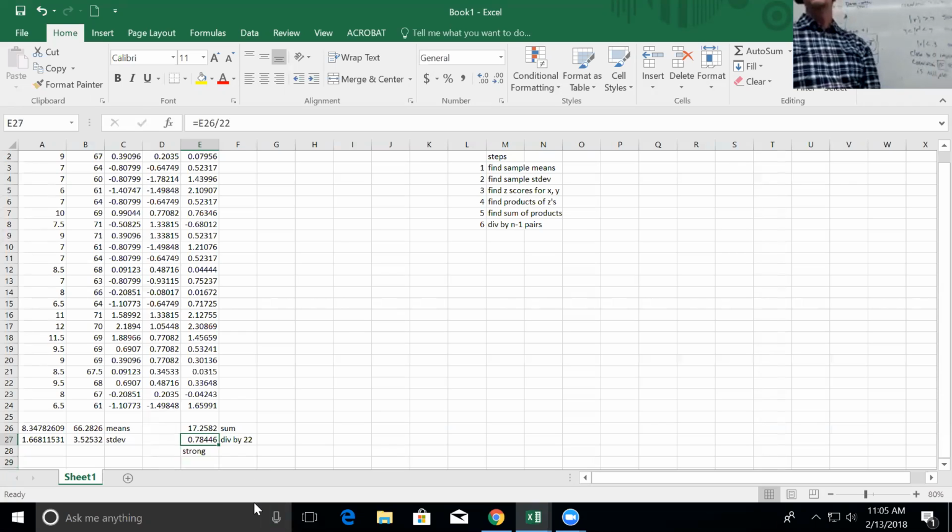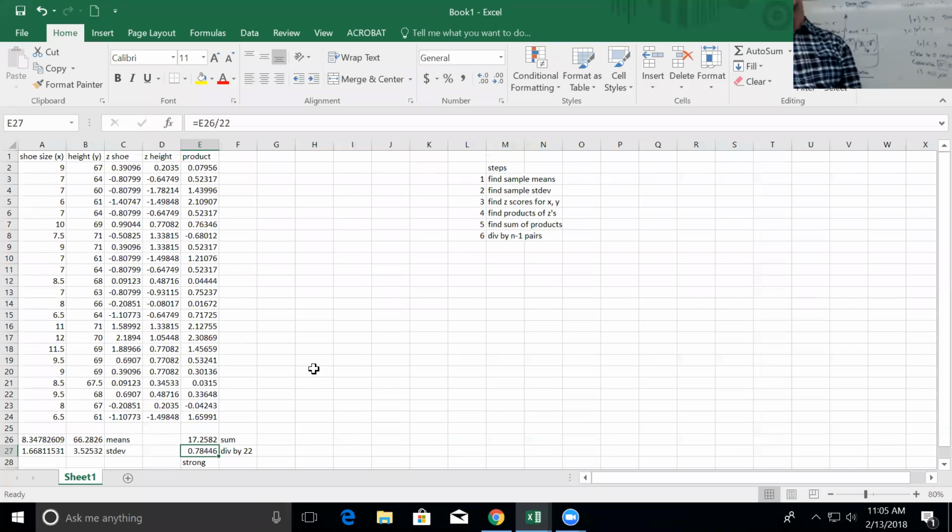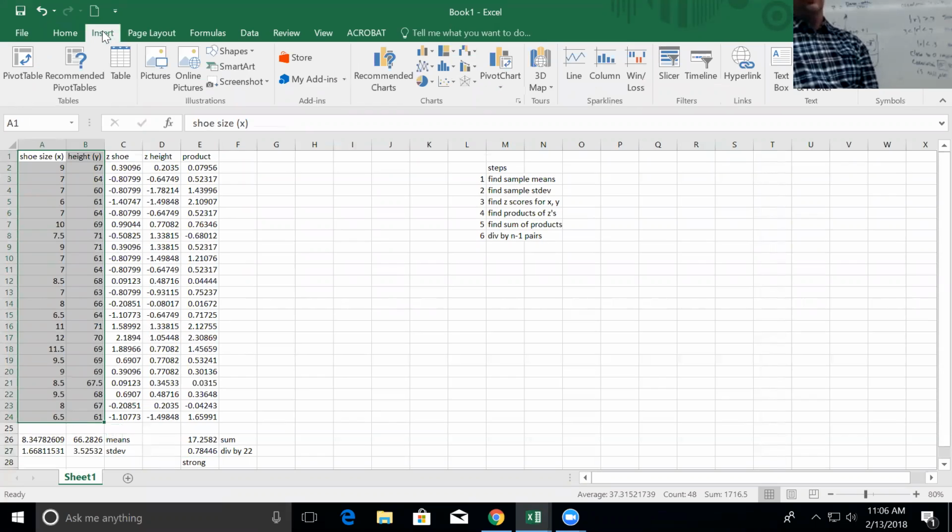Okay, so let's pick on John on the back row. If you were to create a scatterplot, how do you think you would do it? Highlight your data. Insert.